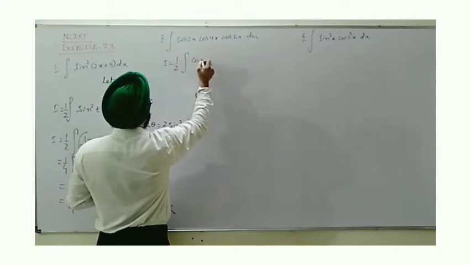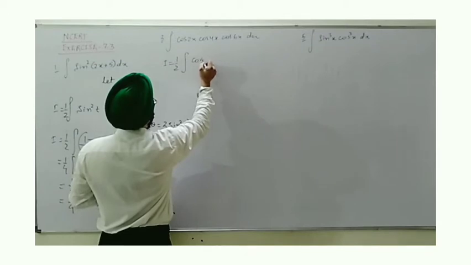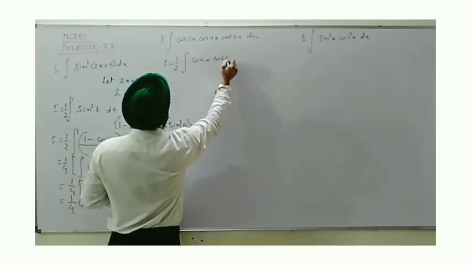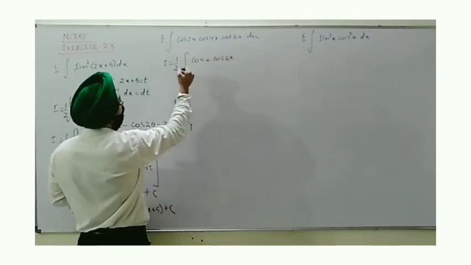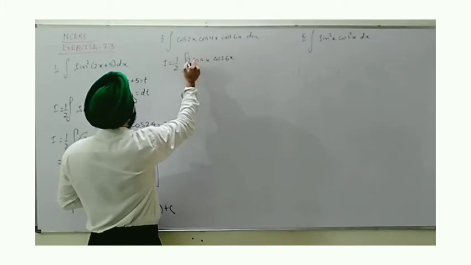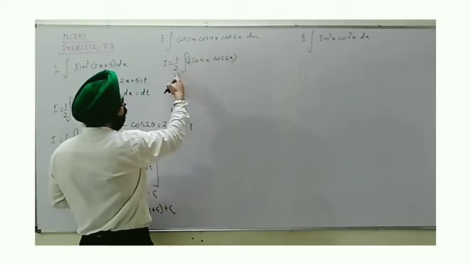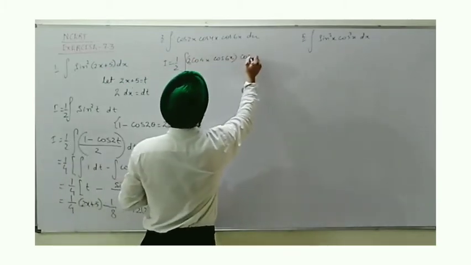So this way I will write cos 4x cos 6x, and 2 multiplied in the function and by the same divided also, and cos x I am putting separately.